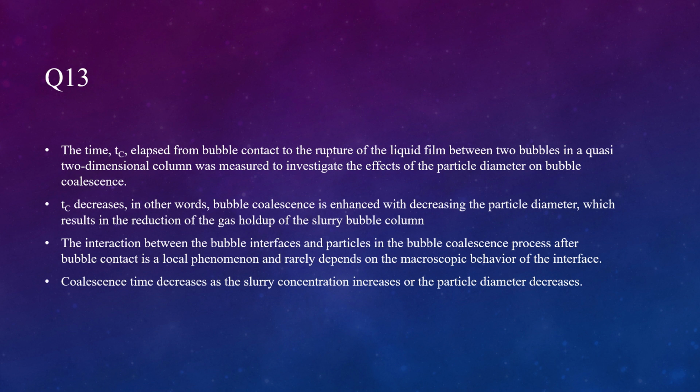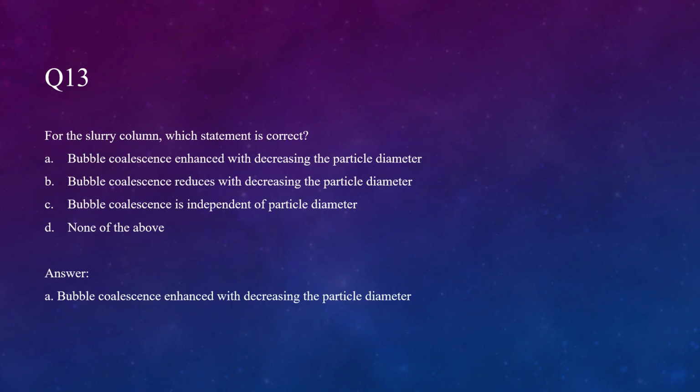Gas holdup is reduced in such cases in the slurry bubble column. So coalescence time decreases as the slurry concentration increases, so the particle diameter decreases. When particle diameter decreases, coalescence time decreases, so the bubble coalescence phenomenon is enhanced. So the right answer is option A, bubble coalescence is enhanced with decreasing particle diameter.